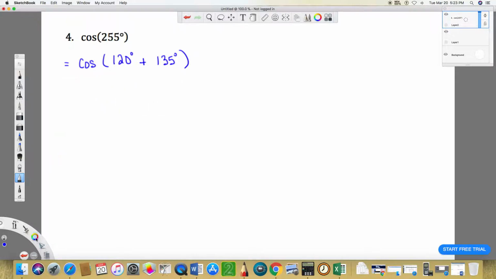So we have a formula that tells us that if you have the cosine of A plus B, that's the cosine of A times the cosine of B, and if this is plus for the cosines, it changes sign, and sine of A times the sine of B, or at least that's what I think it is.